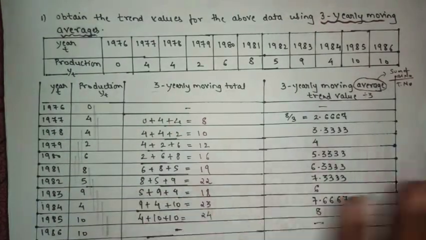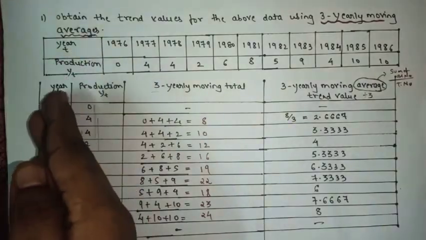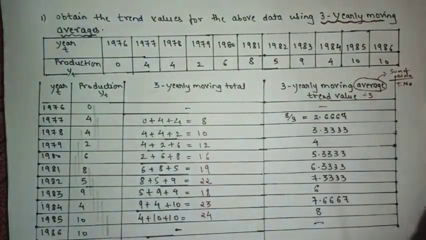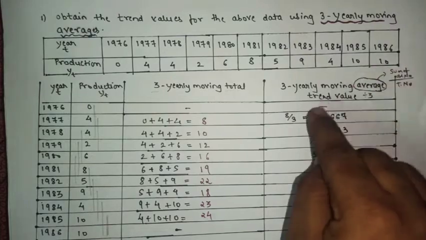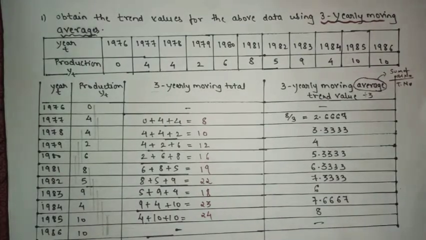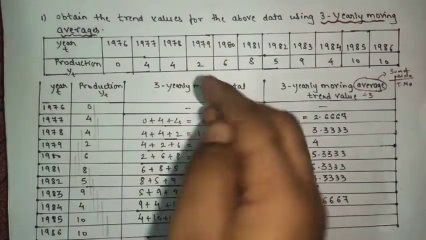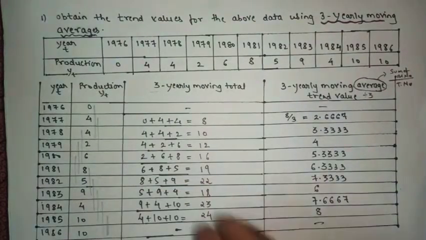The tabular form will be the same. In the first column you will write year, in the second production, in the third column the 3 yearly moving total, and in the fourth and last one the 3 yearly moving average trend value. Understood? 3 year means we have to add 3 numbers.